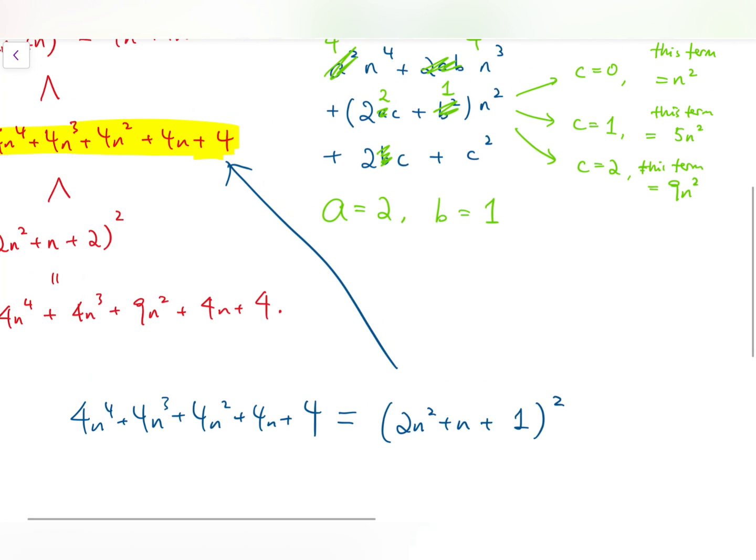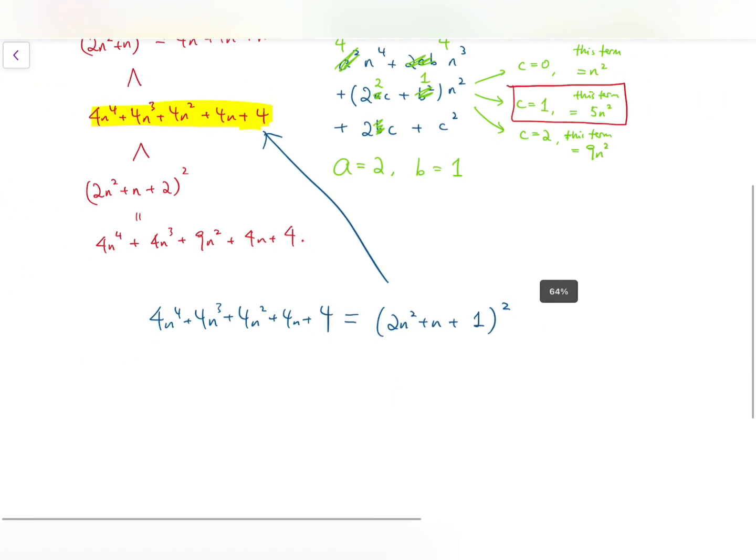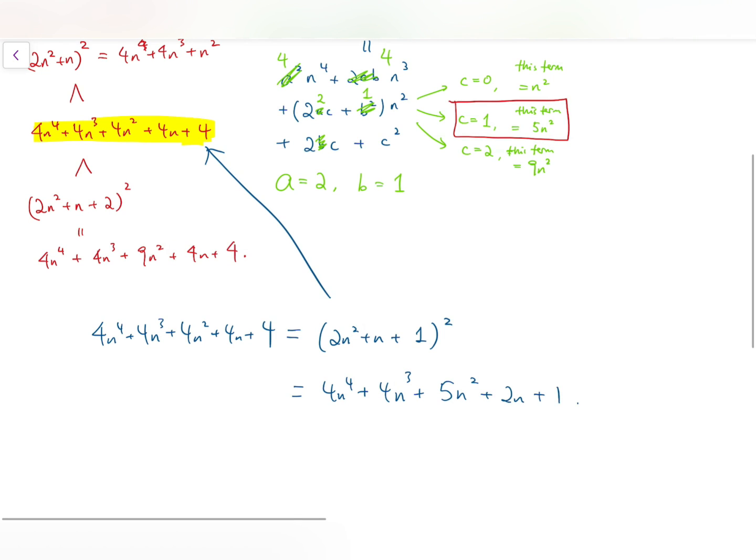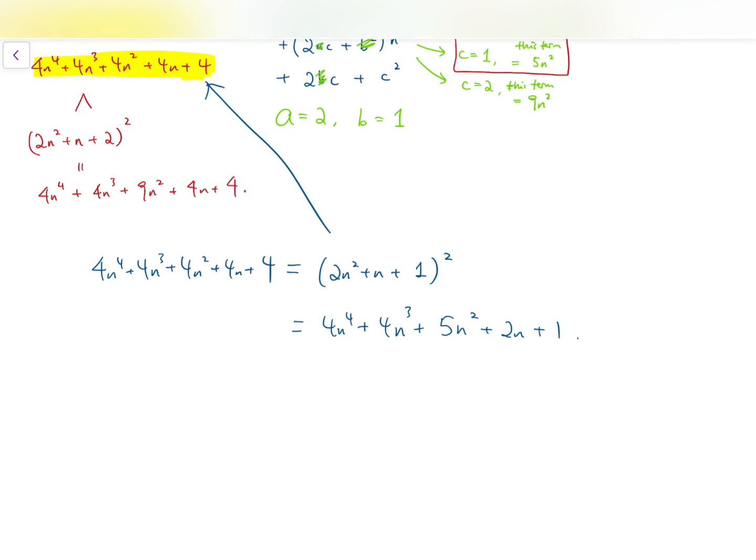Now this actually refers to the case when c equals 1. So we've actually done quite a lot of expansion already. This is actually 4n to the power 4 plus 4n cubed plus 5n squared plus 2n plus 1.